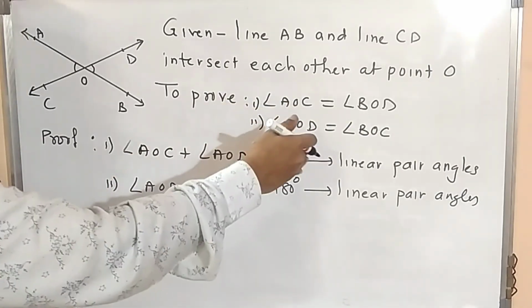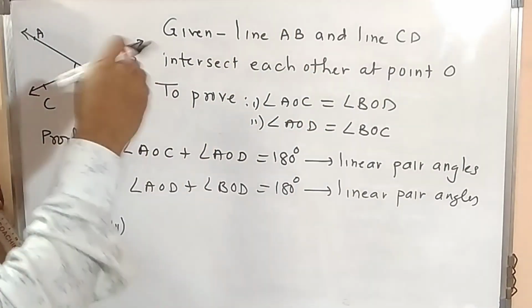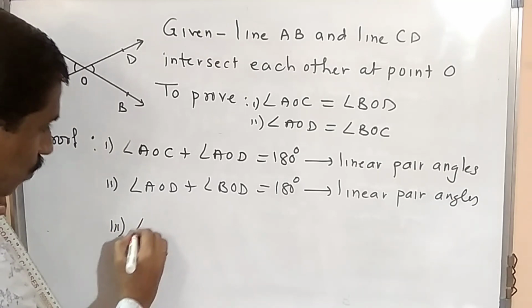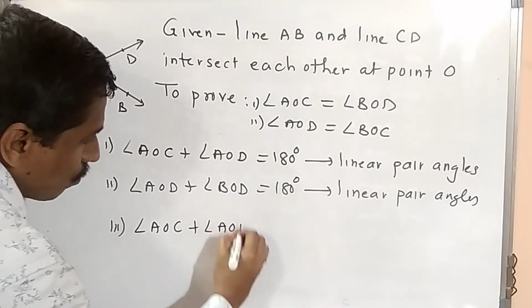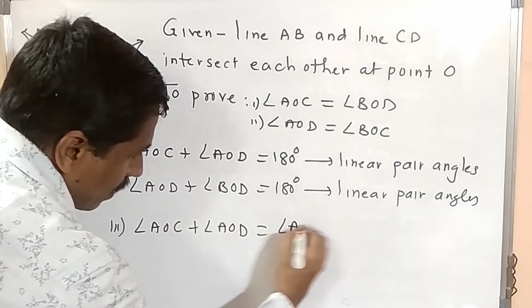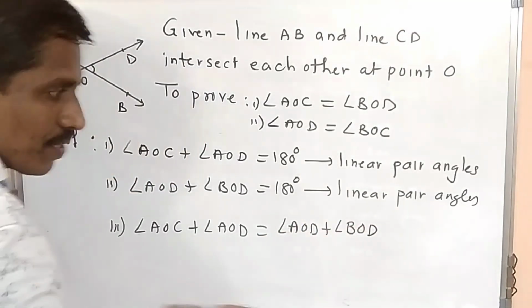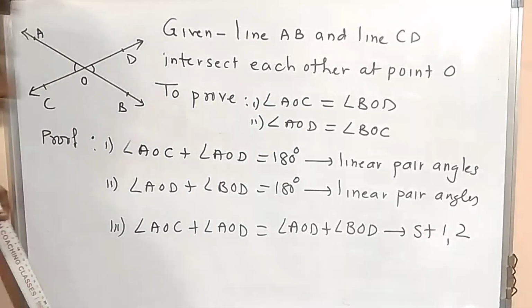The right hand sides of statements 1 and 2 are equal. So by logic, the left hand sides are equal. So what will I get? Angle AOC plus angle AOD is equal to angle AOD plus angle BOD. This is from statements 1 and 2.